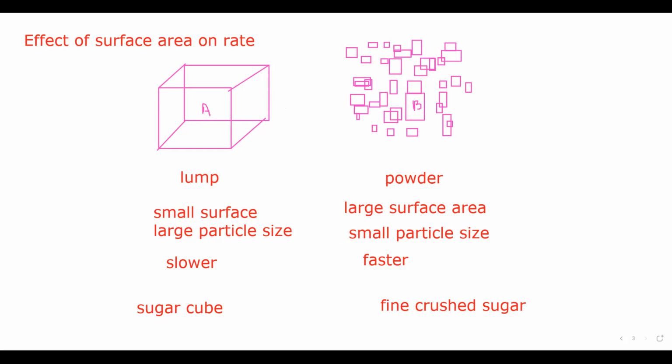The fine sugar will dissolve faster because it has a large surface area, so it will easily dissolve as compared to a sugar cube. So what is the effect of surface area? If we increase the surface area or decrease the particle size, the rate of the reaction will increase.